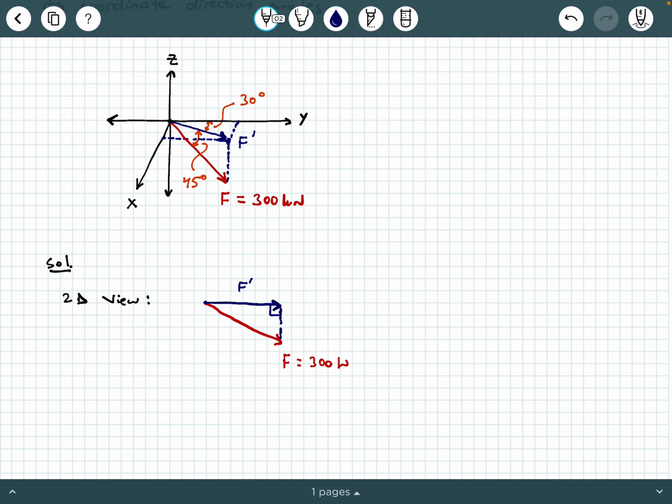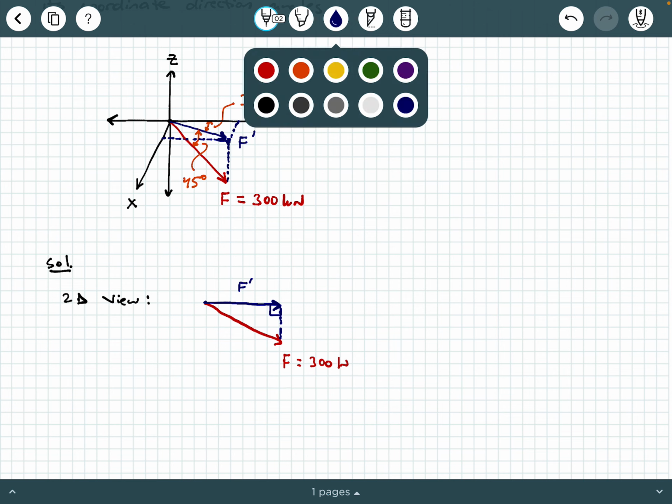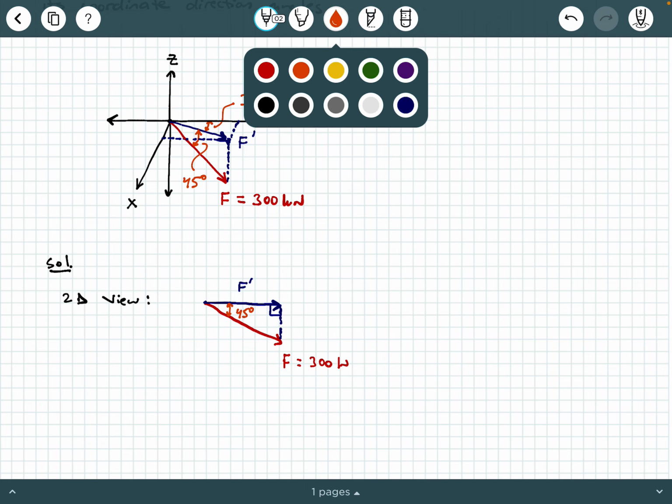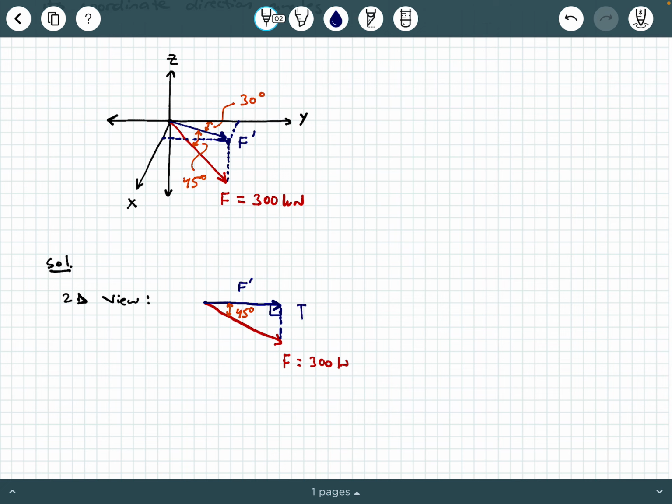Where is the 45-degree angle that showed up in our original figure? That 45-degree angle is this angle right here. Now I can use basic right triangle trigonometry to decompose this magnitude of 300 kilonewtons into components. This dashed segment of the triangle represents F sub z, the z component.